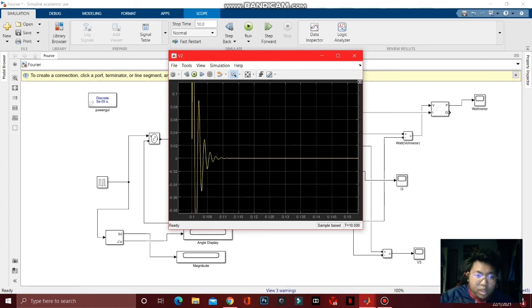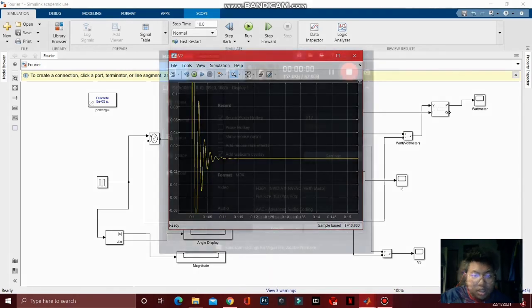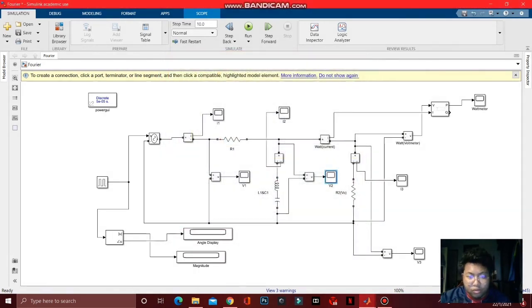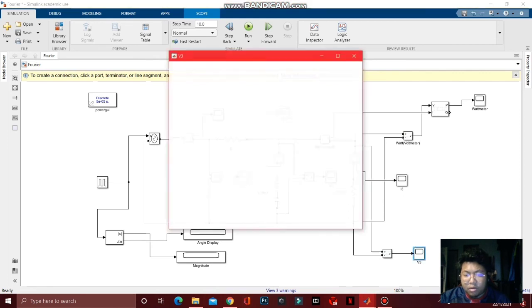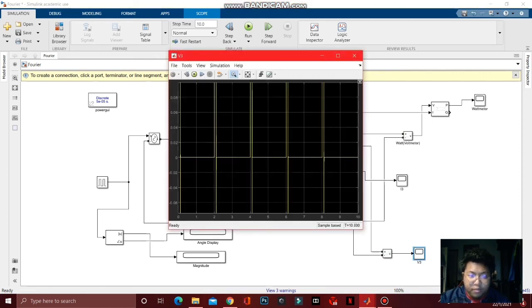As a manual calculation, we get around 0.31. So at this area, we can see the results are nearly the same. Next we look to V3. For V3 we get this graph, and the result is nearly the same as the manual calculation.